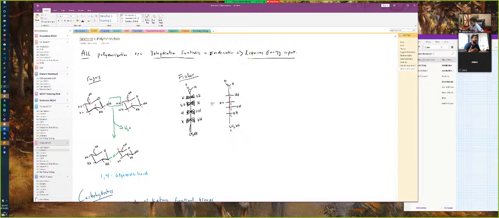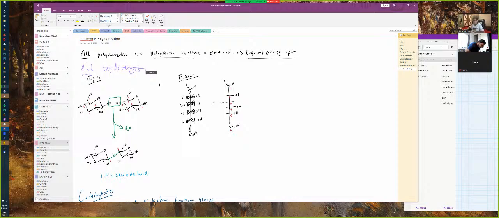But if you wanted to know, I can write it down in the annotation thing. But check this out. So, all hydrolysis. Whoops.